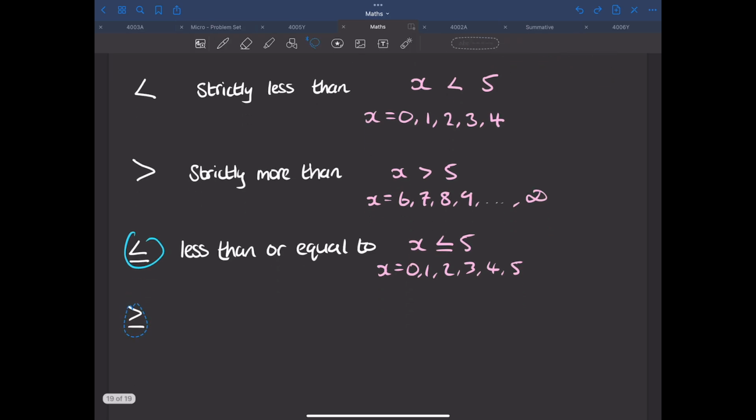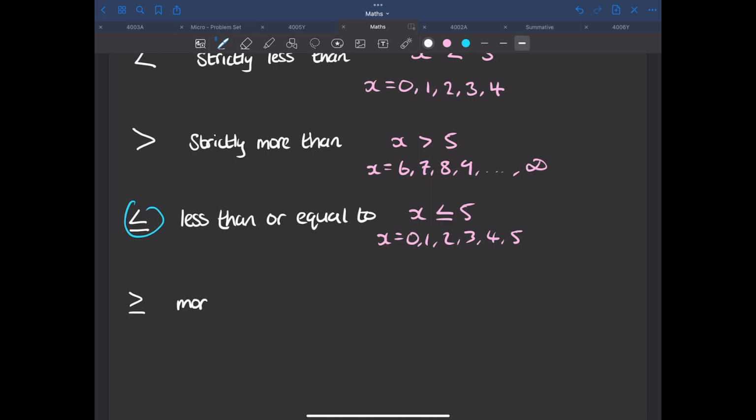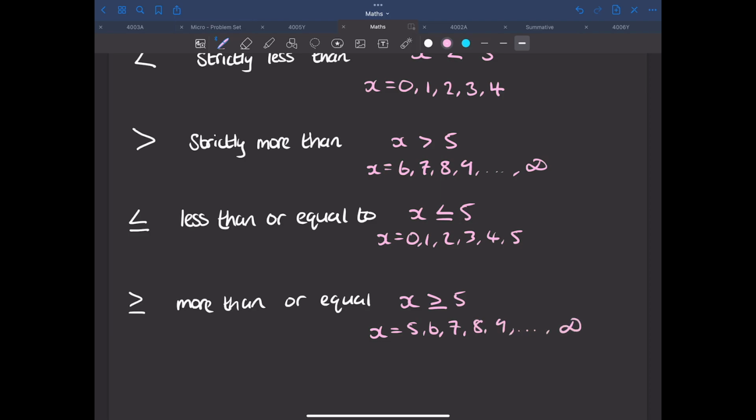Same thing for the very bottom one here. This means more than or equal to, because again, it has a line on the bottom. So that's how you remember it. Using 5 as the value, x is more than or equal to 5. This suggests that x can equal 5, 6, 7, 8, 9, all the way up to infinity.